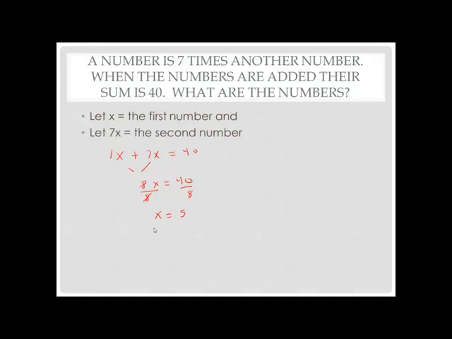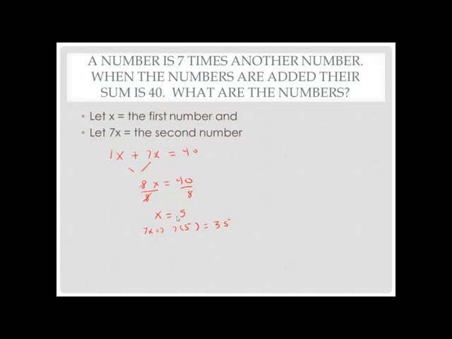That's my first number. My second number was 7 times x, or 7 times 5, because my x is equal to 5. So my second number was 35. And as you can see, it says when the numbers are added, their sum is 40.